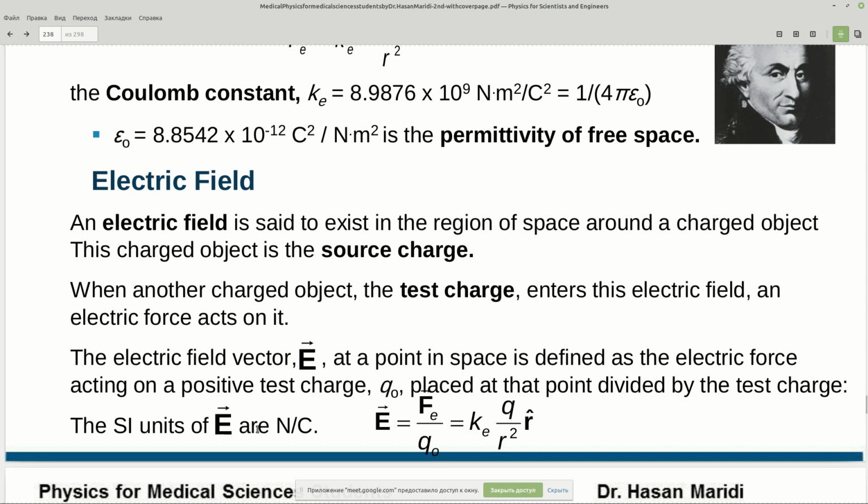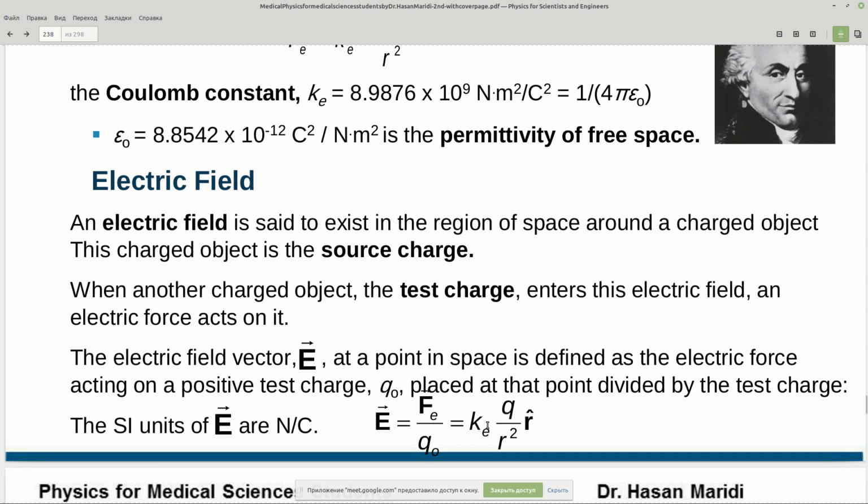So the number of lines through a surface perpendicular to the field is proportional to the magnitude of the electric field in this region. For a point charge, the field lines are directed away from a positive charge and toward a negative charge, in all directions.